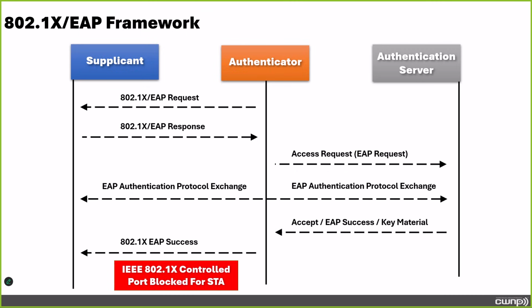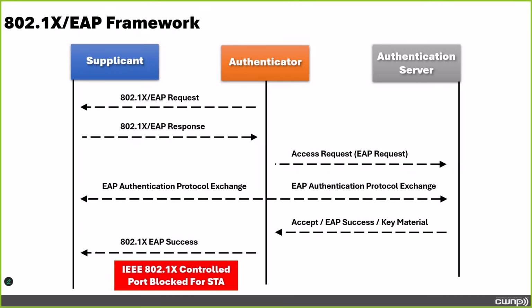We often call it that because we're using 802.1X. That's the port-based authentication, right? We have the PAEs. So we're using 802.1X, and to get that controlled port open, we're using EAP authentication, okay?